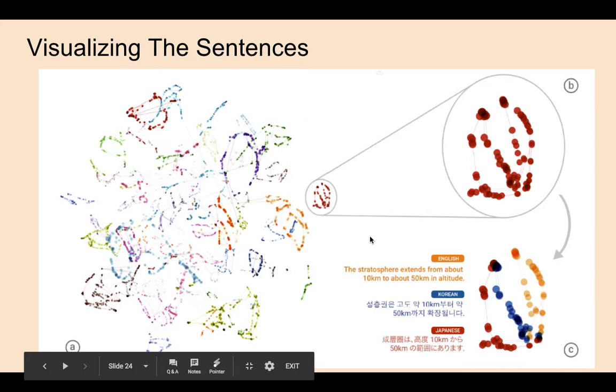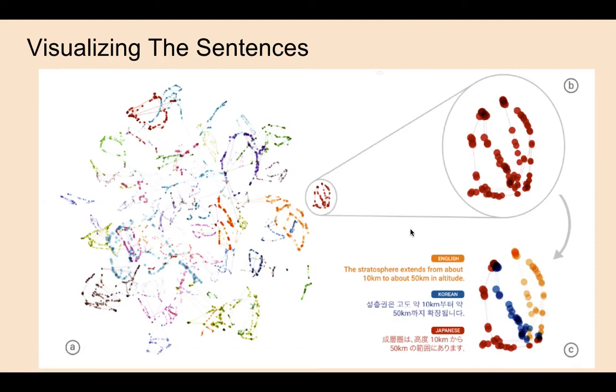The interesting thing was that they found that sentences for the same topics, even in multiple languages, tend to cluster together. So this was their cool representation that showed that.